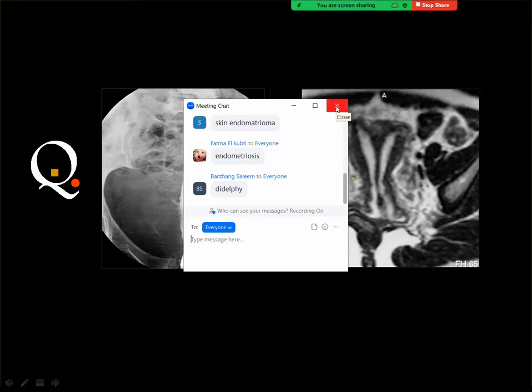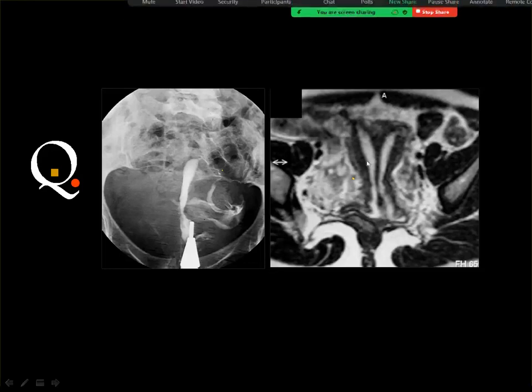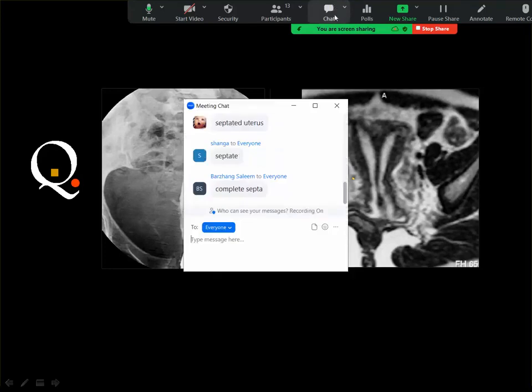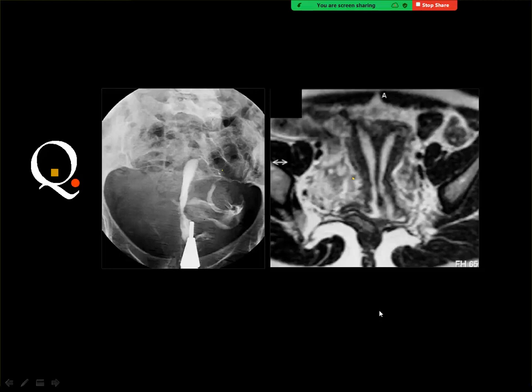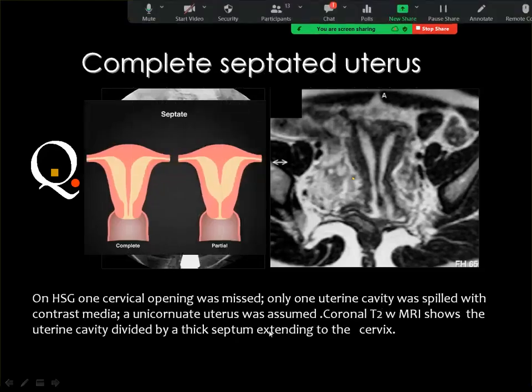No, and this is not uterus didelphys, because in cases of uterus didelphys, both cornua should be separated from each other. They are not attached by myometrium, and actually this is a septate uterus, and this is the right answer.